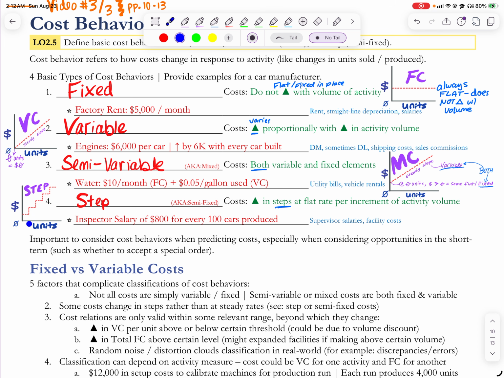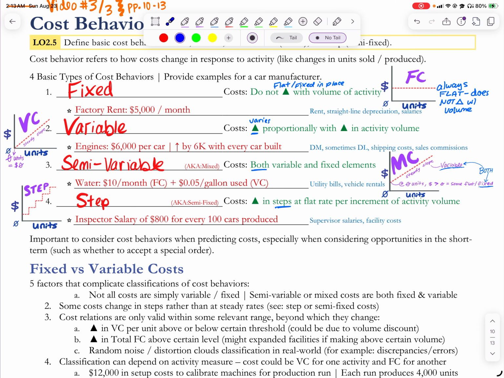If I make 10 units, $200. I make 10 units more, or 20 units total, I'm at 400. I make 10 units more at 30 units, I'm at 600, so on and so forth. It increases in these steps at a flat rate for every so many units of volume.